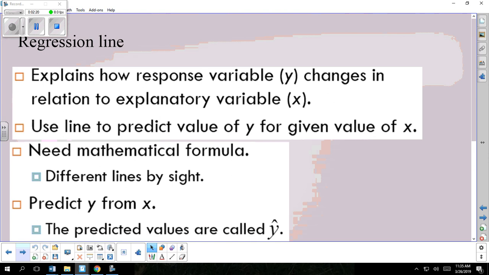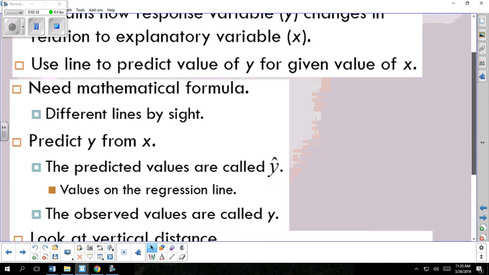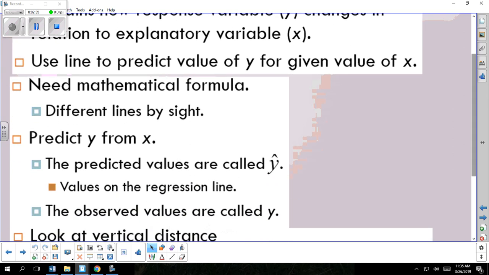So we need a mathematical formula different than just lines by sight, because otherwise we're all going to come up with different lines. The predicted values from our regression line are called y hat, right? You have the y and the hat. Those are the values of the y that are actually on the line. The observed values are just the y.